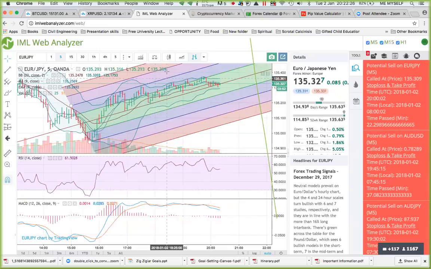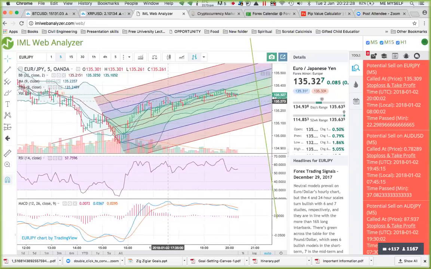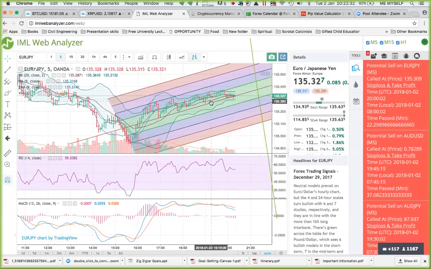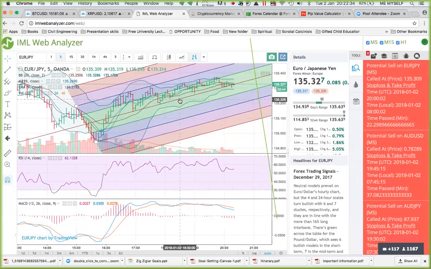So that is a good enough pitchfork for me to now wait and see whether a trade comes in. Now, it said at 8 o'clock that there's a possible sell on the web analyzer. So at 8 o'clock here, you just monitor it and have a look.